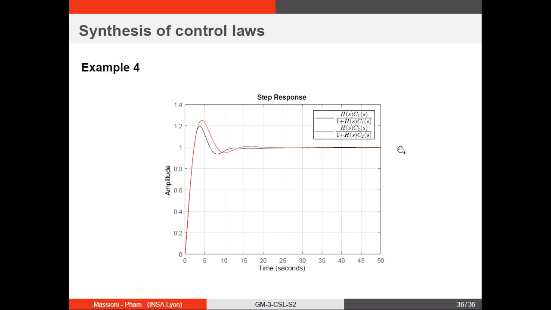We have the crossover frequency, which is basically equivalent to the pass band of the closed loop. We have seen the phase margin or gain margin, assuring stability and the damping of the closed loop function, and then the requirement on the steady state.